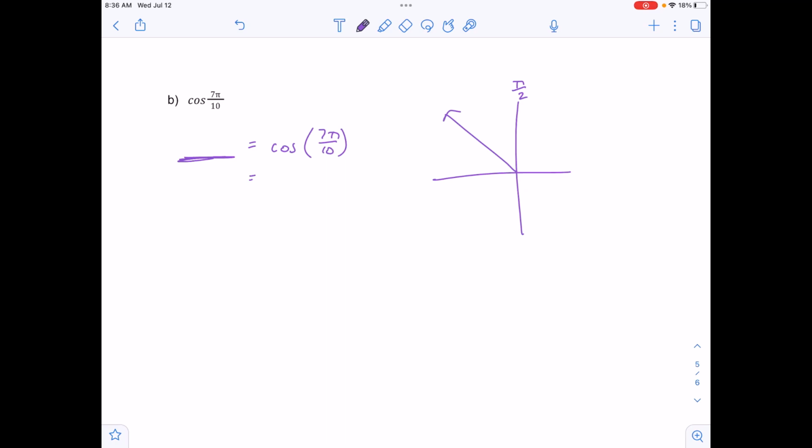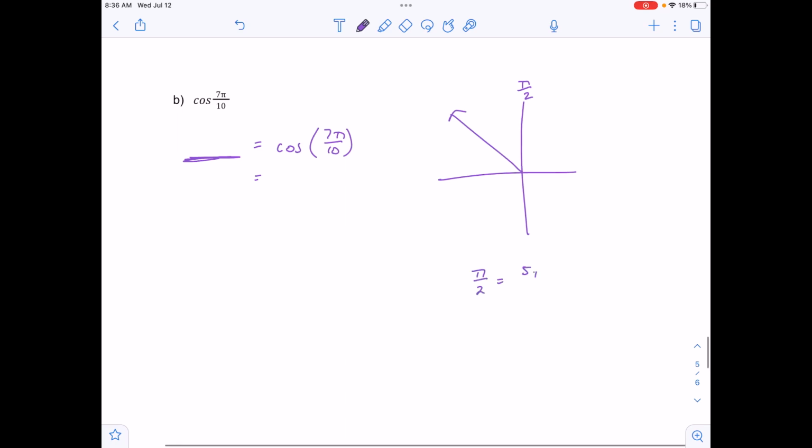Well, yeah. Pi by 2 is the same thing as 5 pi by 10. So cosine of 7 pi by 10 is like saying 5 pi by 10 plus 2 pi by 10. Huh. And 5 pi by 10 is pi over 2.